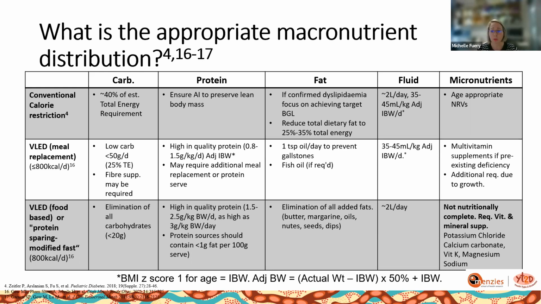The objective was to determine the efficacy of 2 structured lifestyle interventions, both differing in diet macronutrient composition, on insulin sensitivity. And participants were overweight or obese. They were aged 10 to 17 years with either pre-diabetes and all clinical features of insulin resistance.